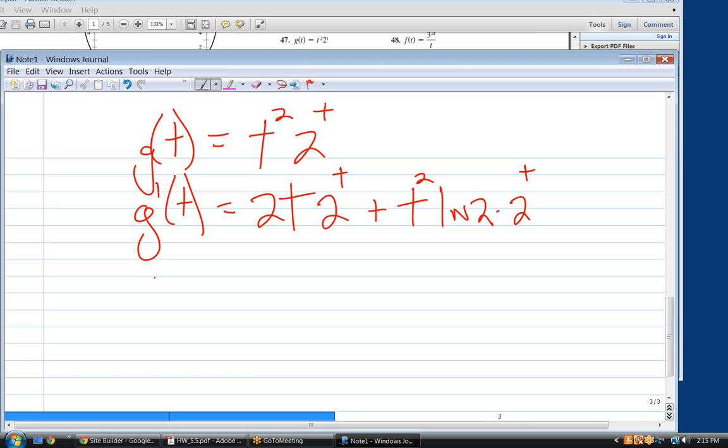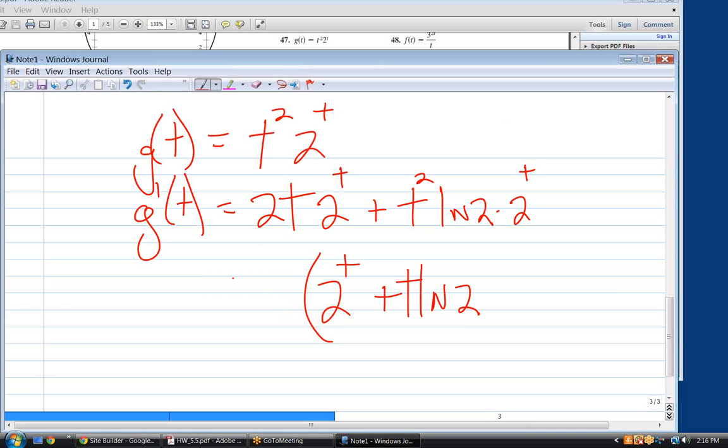So you're going to have to look up answers. What do they give as the answer for 47? What we had when we pulled out the 2t to the t, or 2 to the t times t. Yeah, we had this. That's what they gave. Plus natural log of 2, well actually t times natural log of 2. I pulled out the 2 to the t also.